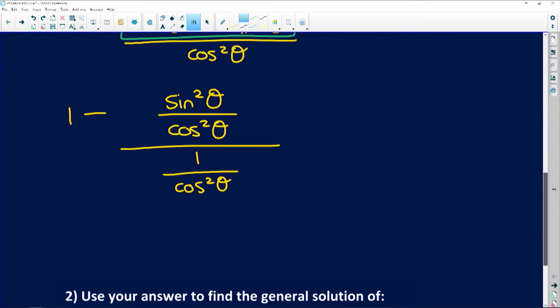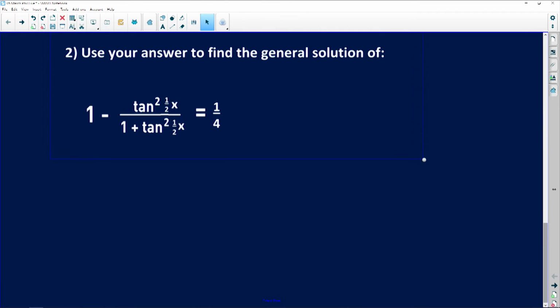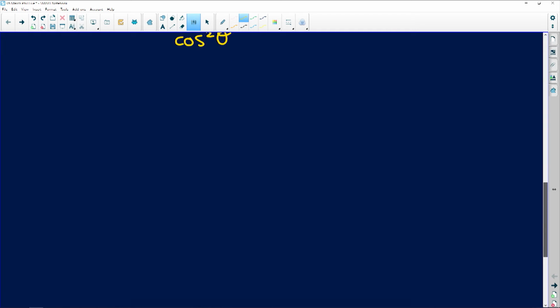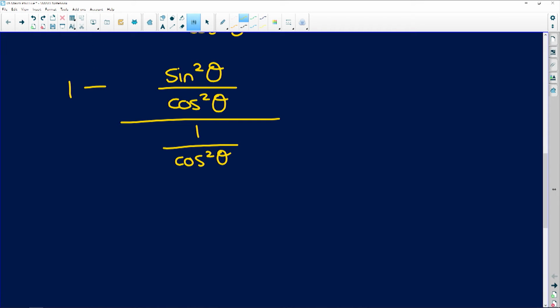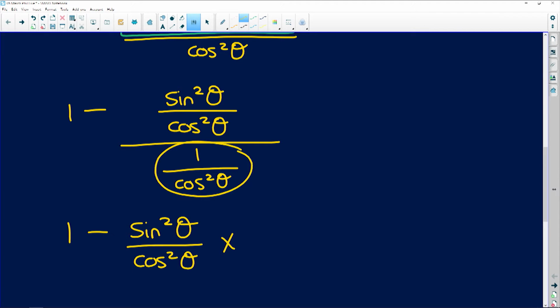Okay, so now you guys should know immediately from, I don't even know when you cover this, it's somewhere in primary school, when you are dealing with dividing by fractions, we tip and times, okay? The rule comes from the idea of reciprocals. They multiply to give you 1. So I have 1 fraction, sine squared theta over cos squared of theta, times, we tip this whole fraction upside down, cos squared theta over 1.